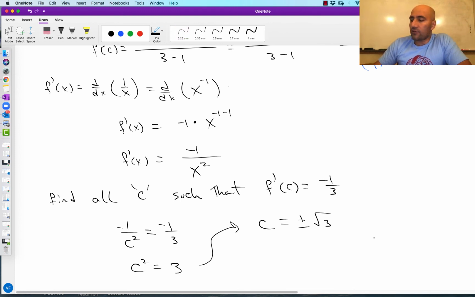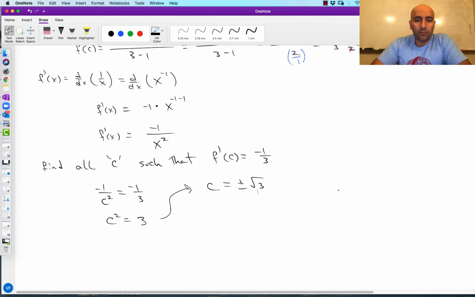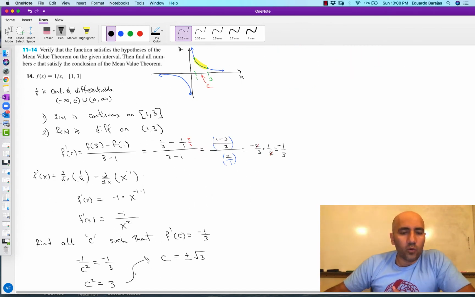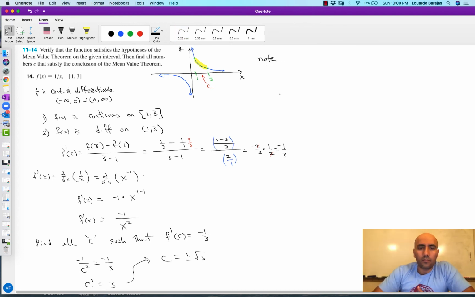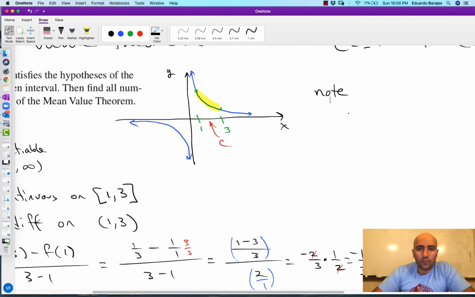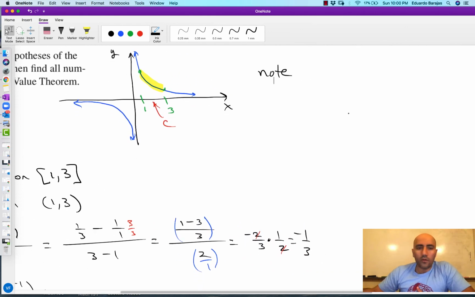Remember that we're only interested in the interval between 1 and 3. So I'll come up here. Note that negative root 3 is not a member of the interval between 1 and 3.